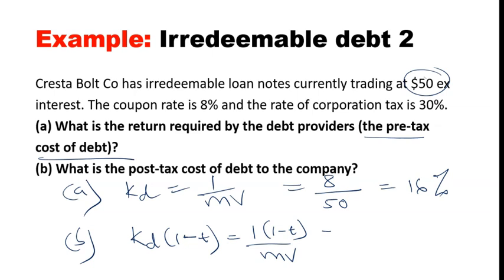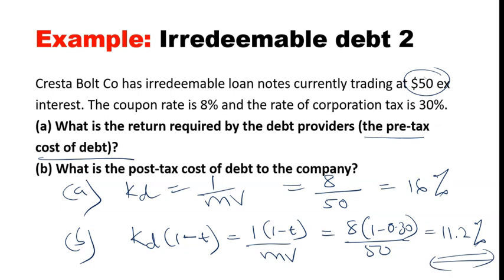So this means that there is 8(1 minus 0.3) over 50, which is going to be 11.2%. Okay, that is it.